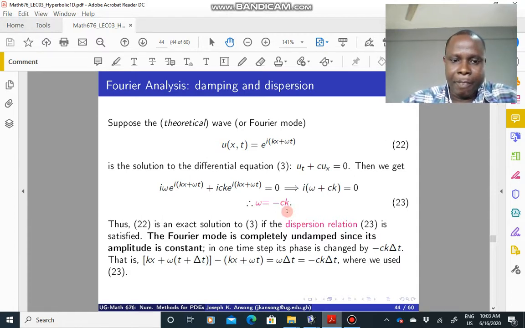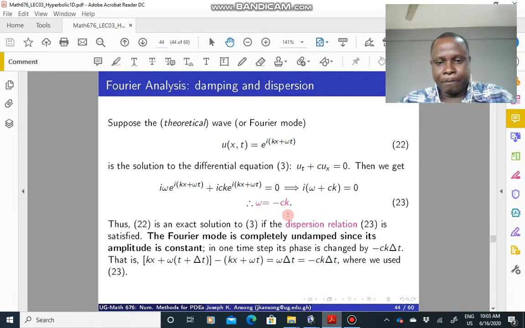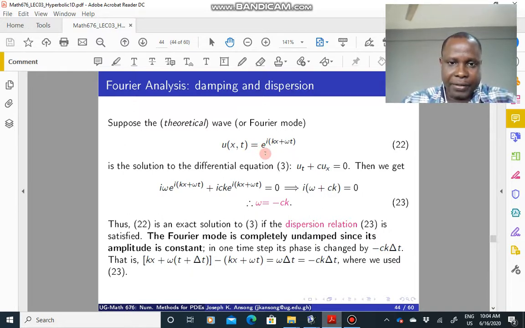We see that this Fourier mode is of course undamped because the modulus of this is 1. It's fixed, it's constant, so it's not changing. This is a theoretical mode, so that is fixed. We see that the phase is changing at a fixed rate. The change in phase is given by minus ck delta t. You can easily find this.